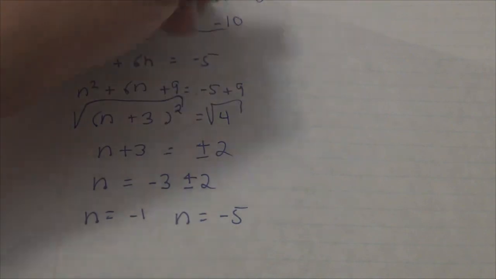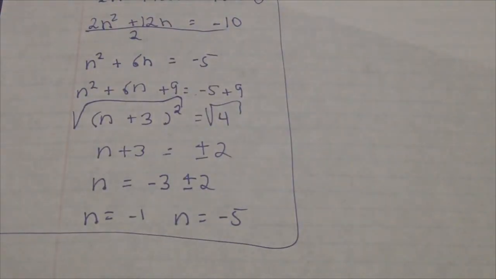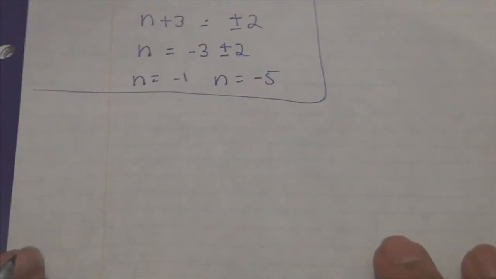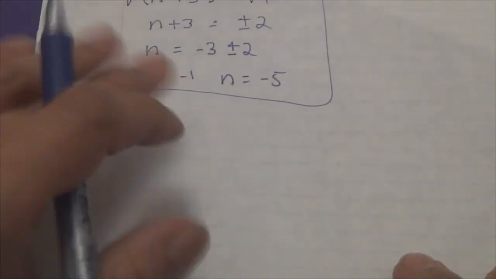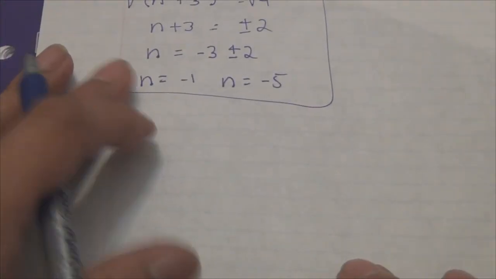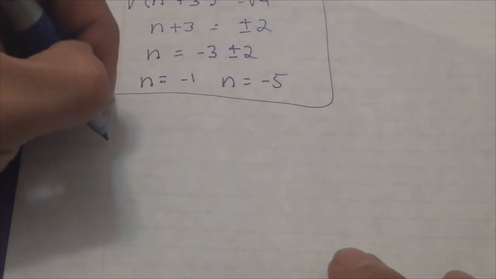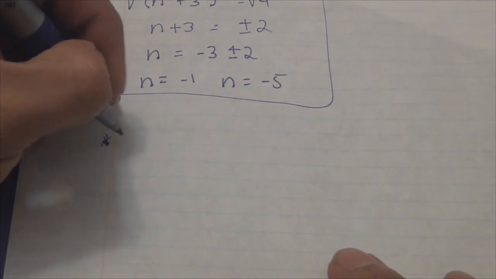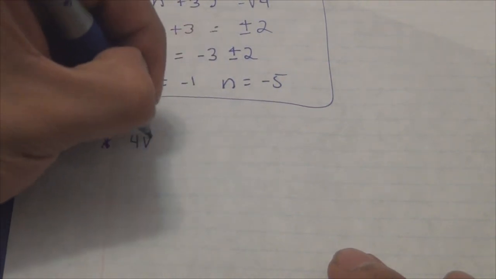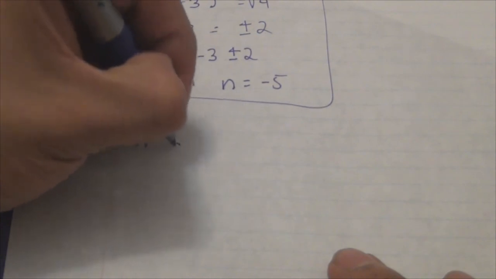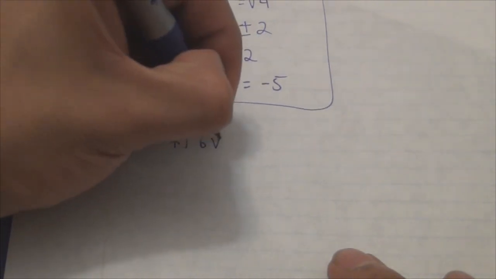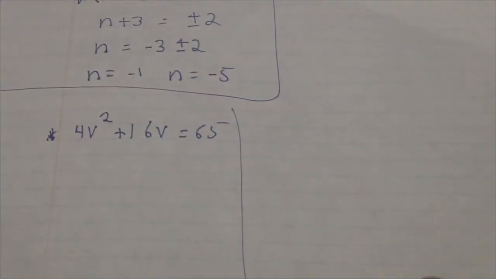So now I'm going to give you problems to do. So solve by completing the square. So this is how you're going to do this. So you have 4v squared plus 16v equaling 65. Solve it.